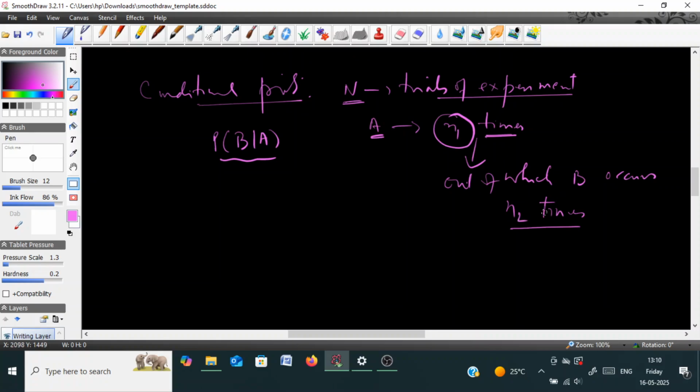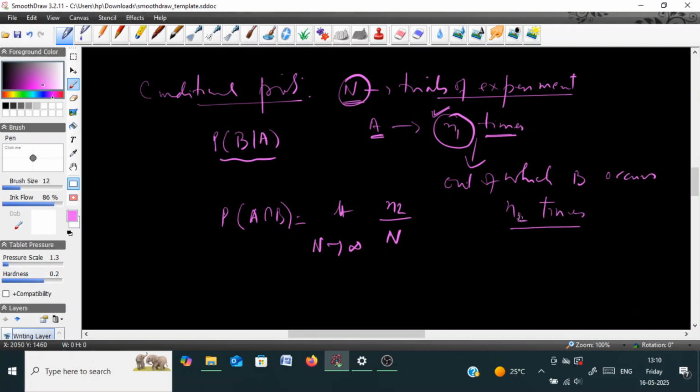Okay, so it is clear that n2, the number of times the joint event occurs, gives the probability of A intersection B, which will be the limit as n approaches infinity of n2 divided by n, because out of the n trials event A appears n1 times, and out of these n1 times event B occurs n2 times.